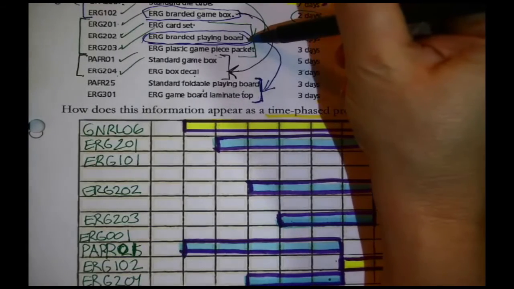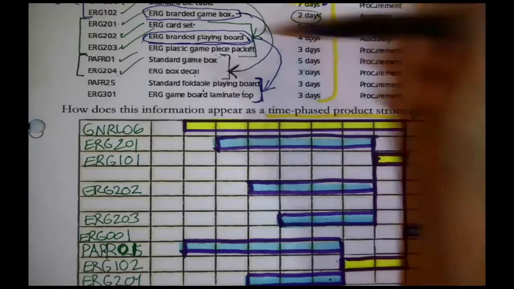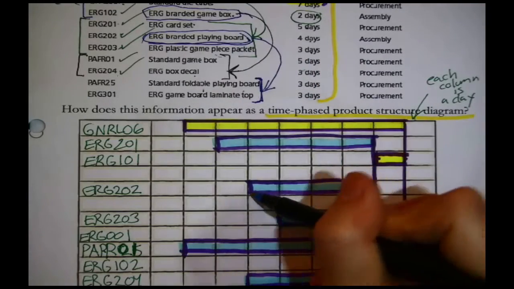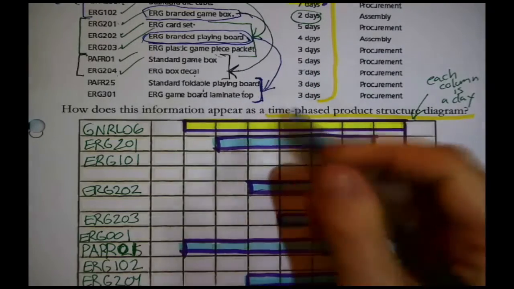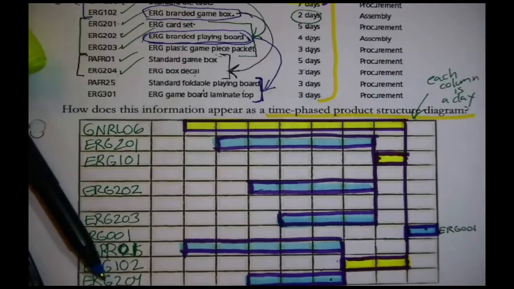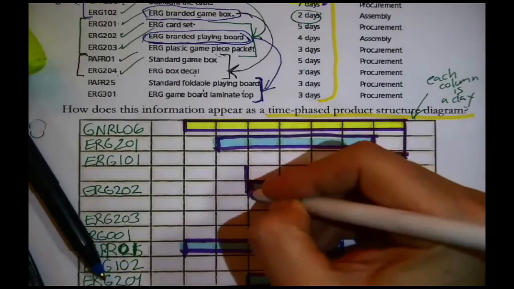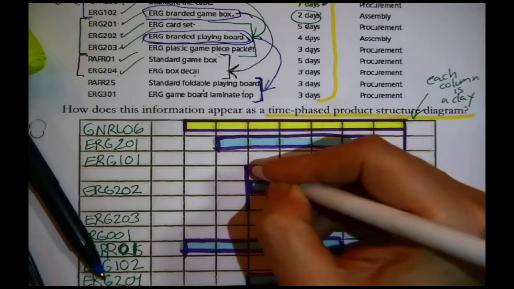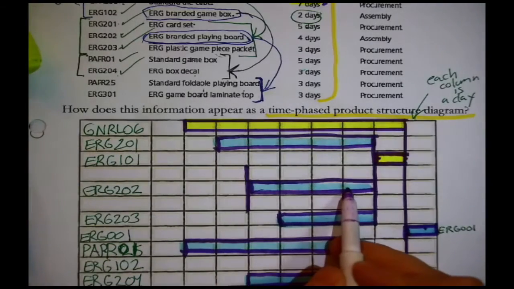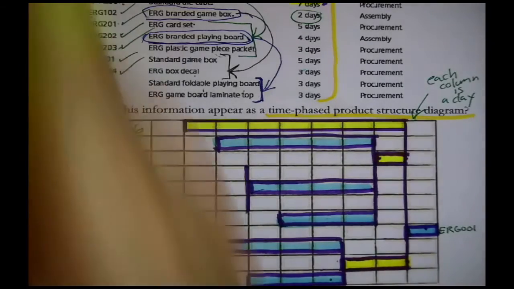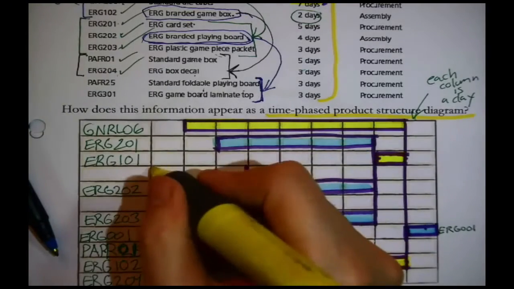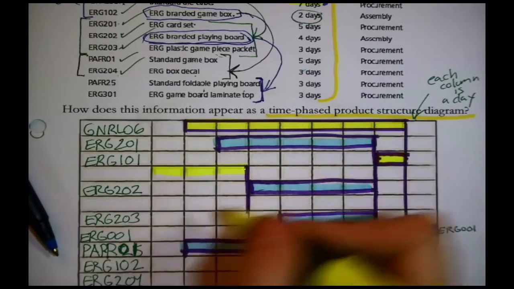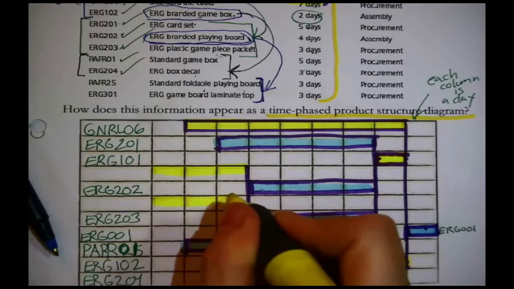That's the playing board, that's 202. That's what I drew right here. So here's assembly of the playing board, but the 2 children need to be ready when we make the request to assemble the playing board. So those 3-day lead times at the bottom of our list have to be squeezed in right here.